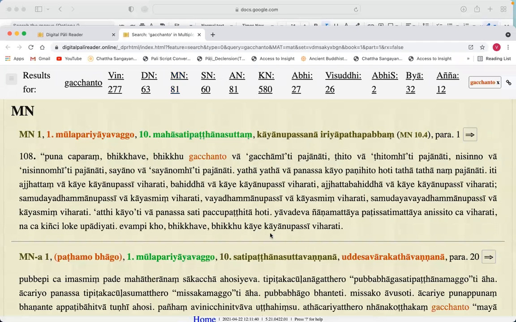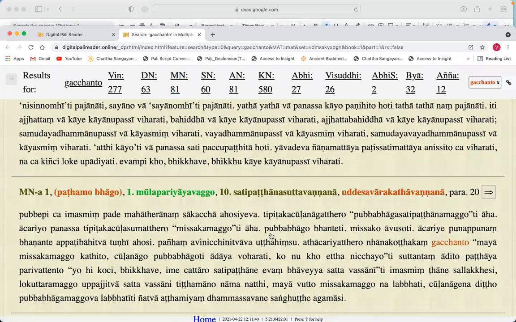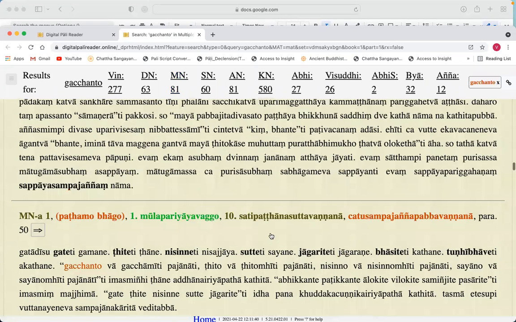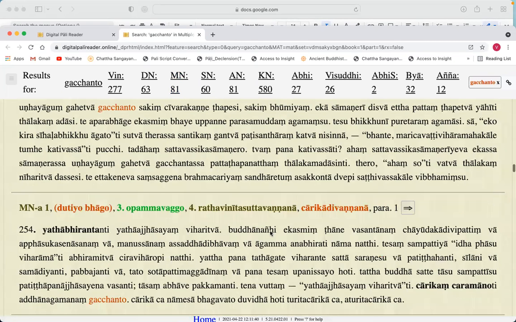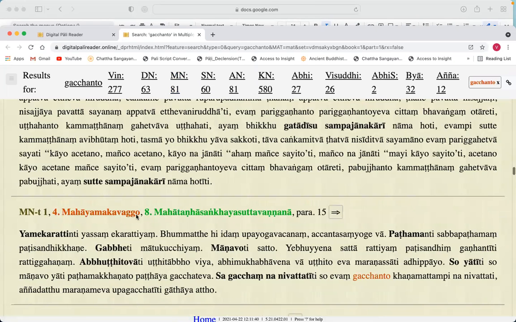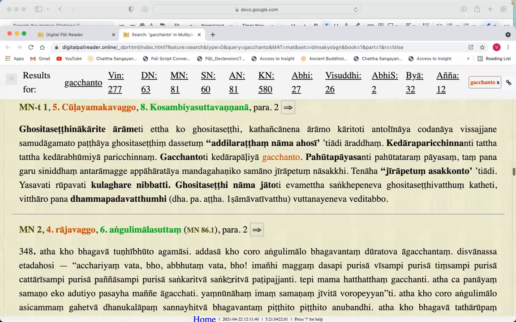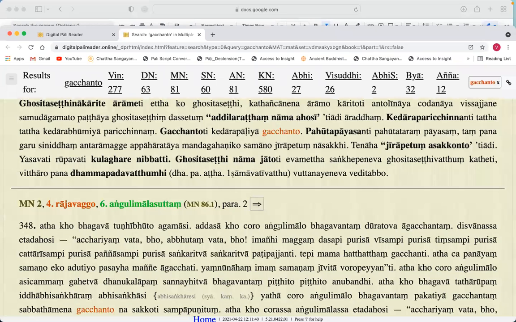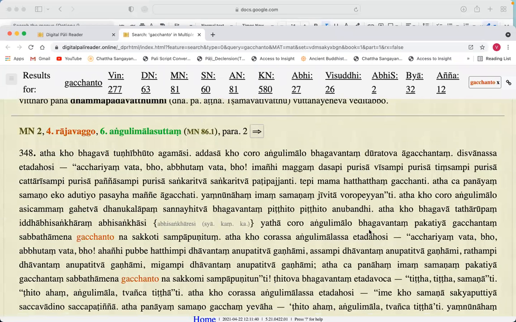I will go to the original Pāḷi. Pāḷi Canon, Majjhima Nikaya Volume 2, Raja Vagga, Angulimala sutta. Also here: yata joro, inguli malo bagawanda, bagadiya gichandan, sabatamina gichando, not sakodi here.